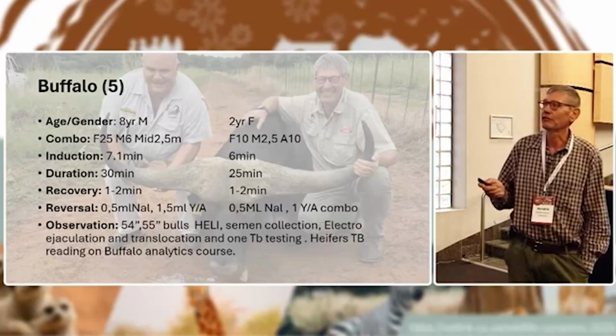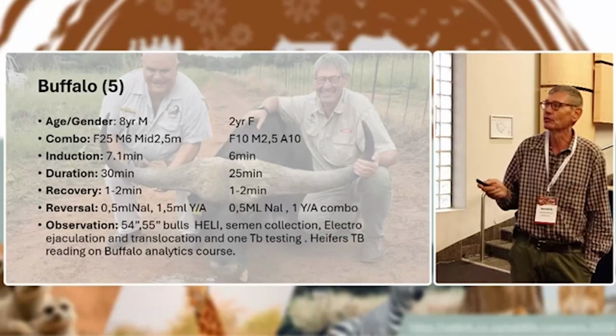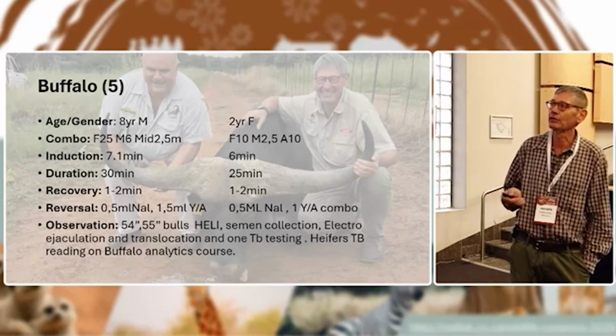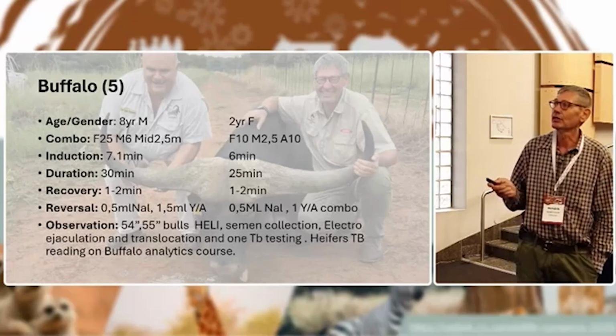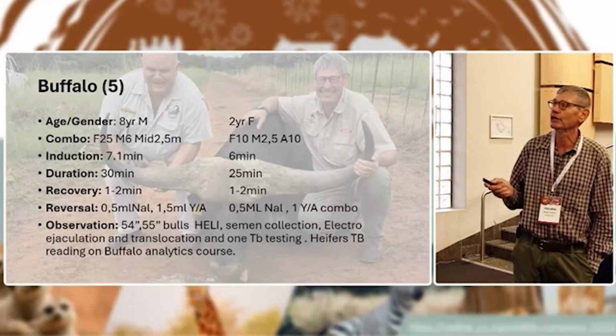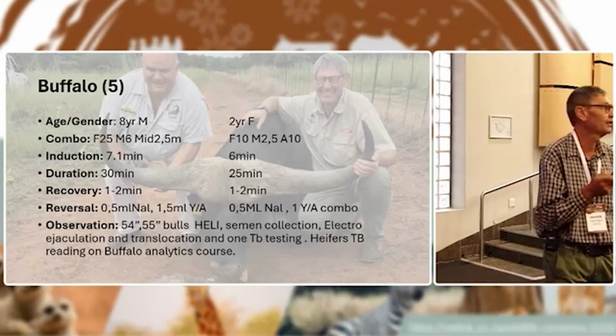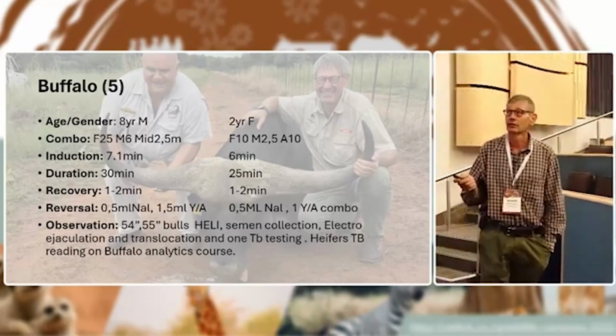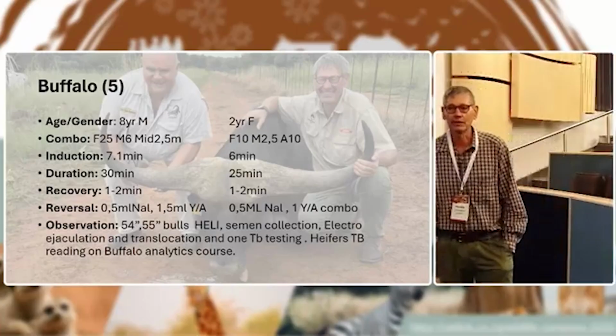The total buffaloes that we've done, there's actually a few more after this last week, but the females that were done, I think, by either Alwyn or Tinus, 2-year-old females, they used 10 milligrams, 2.5, and 10 azaperone. Now, this is the animals that you've done, David, on the Buffalo Analytics course. He's bad at reporting back, I must say.